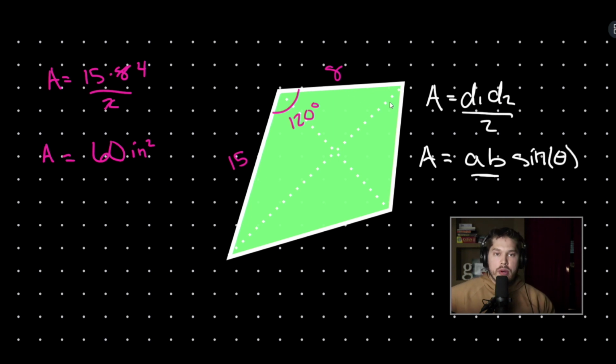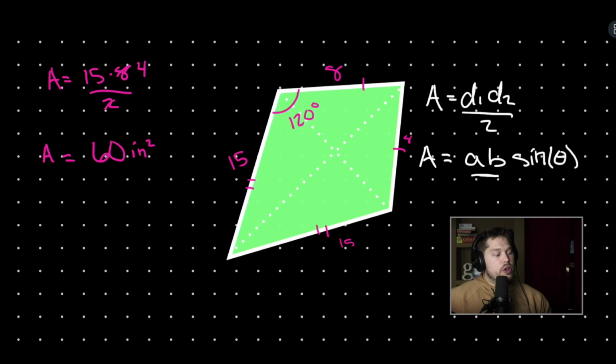Okay, so if you're not clear on this, a kite is a shape such that it has two sets of congruent sides. In this case, they're adjacent to one another. So this length down here would also be 15, and this length would be 8.